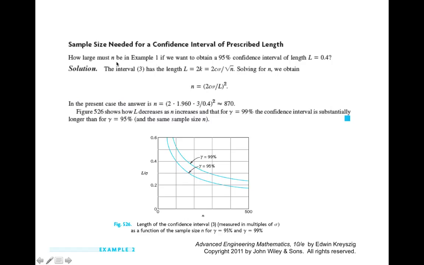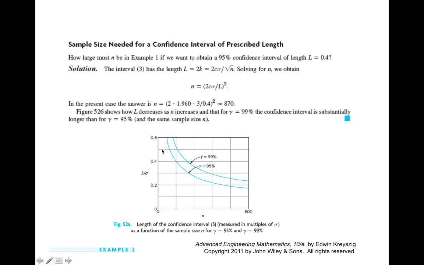And so the unknown here is how large must n be. Now, this is why it is really useful to have everything normalized, because what does a confidence interval length of 0.4 mean? It means nothing until you're normalized. So you can't really think about distributions and use these tables until you normalize everything. So you can calculate your number of samples that would be required. That, if you do the numbers, will be 870.